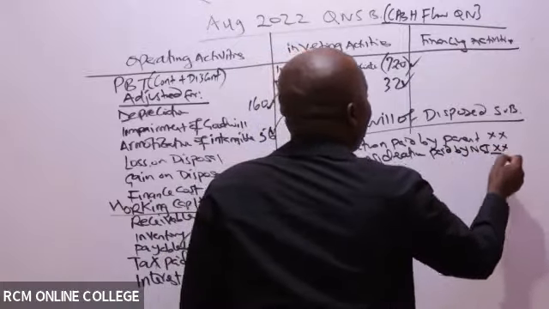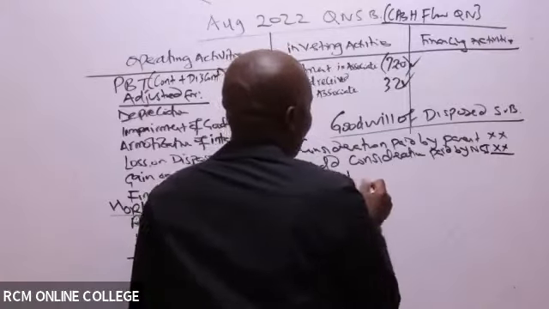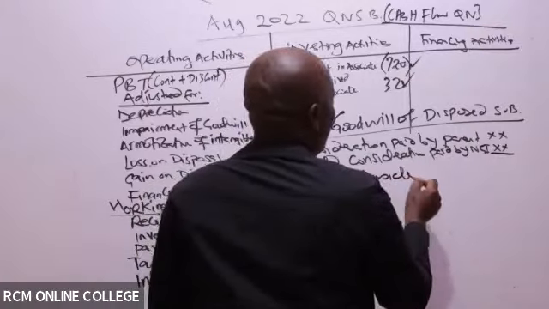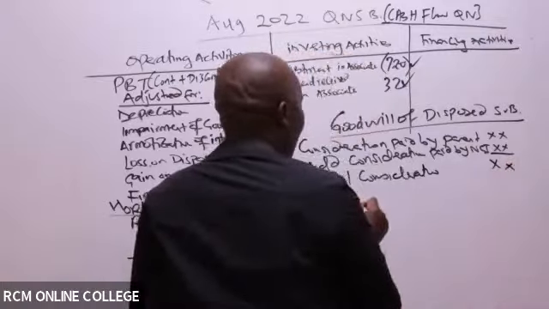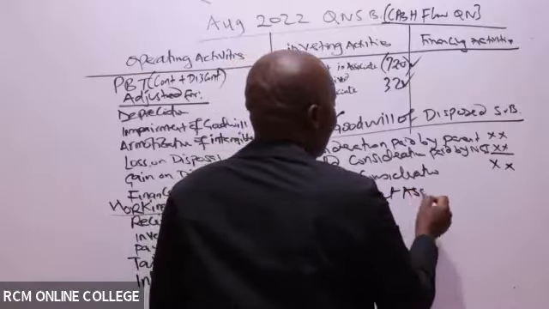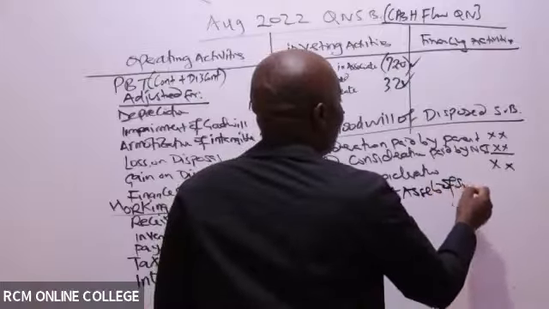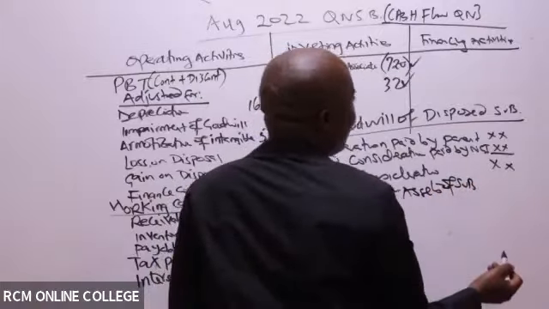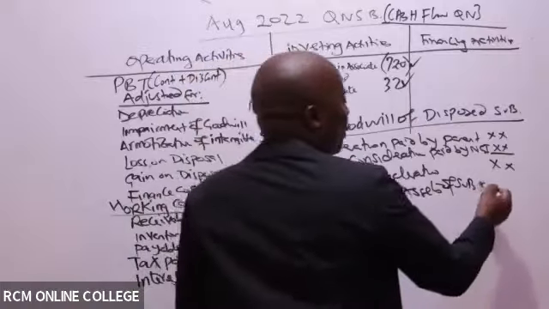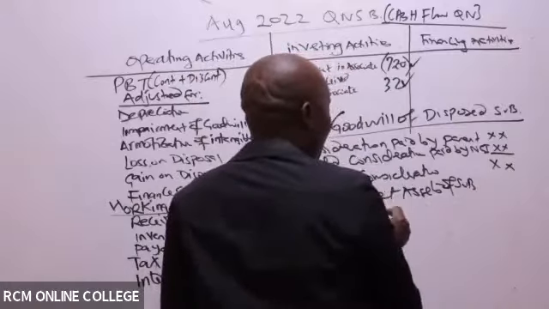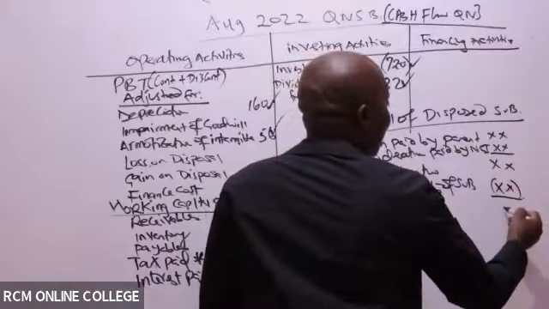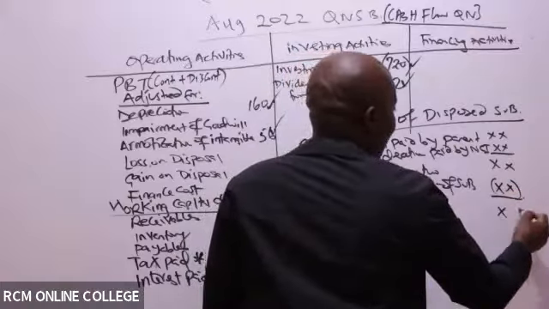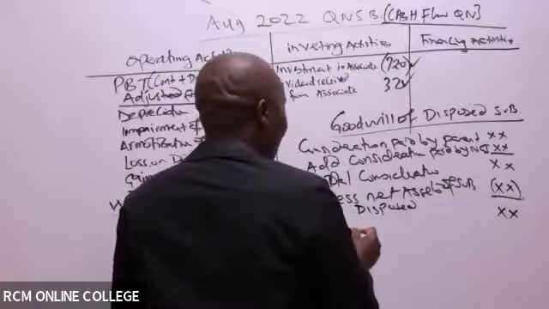And then you get the total consideration. From this total consideration, you take away the net assets of the sub, either acquired or disposed. In this case, the net assets of the subsidiary that has been disposed. You subtract like that, and you get goodwill at acquisition.